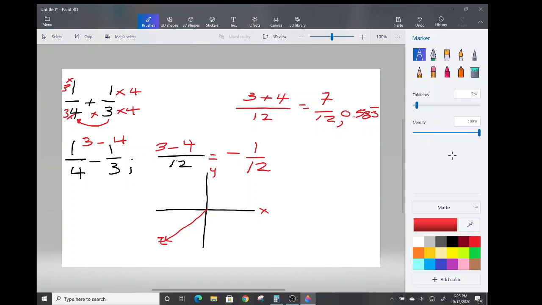But since this screen is really only in 2 dimensions, we will ignore the third dimension. We'll just deal with 2 dimensions for right now.